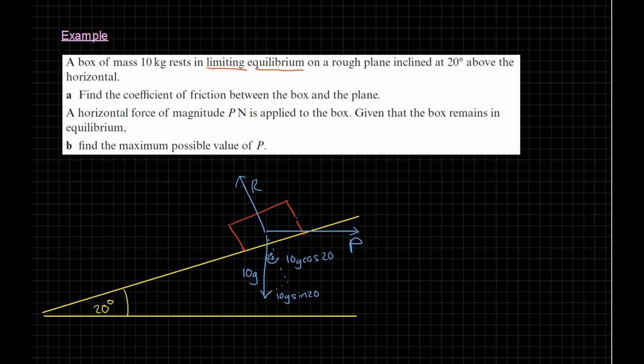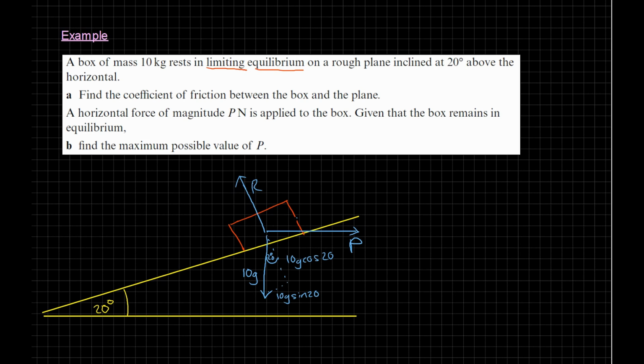And what this means is that, if I want to find this maximum value of p, then what's actually going to happen is this p is getting bigger and bigger and bigger, and eventually the friction's actually going to be acting down the slope, right? The reason for that is because the biggest possible value for p would be one where the box is just about to start going up the slope, because I want to increase this p as much as I can.